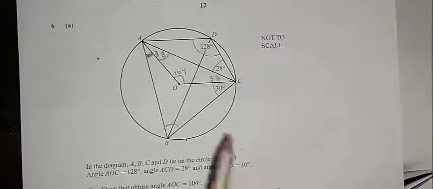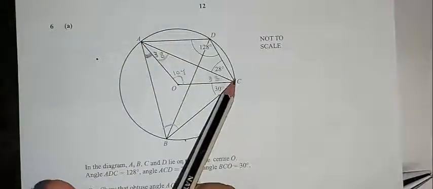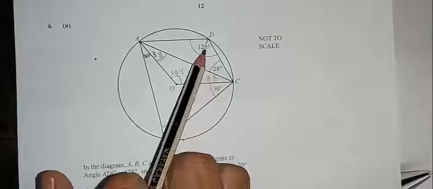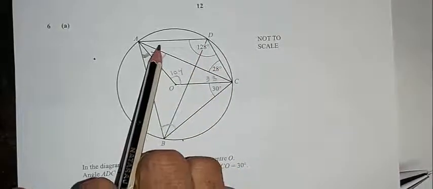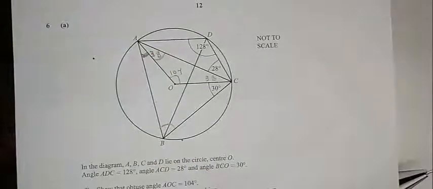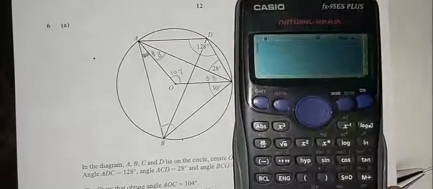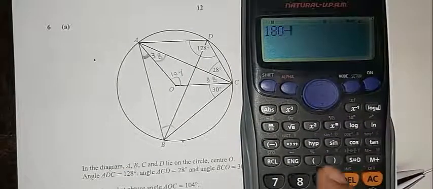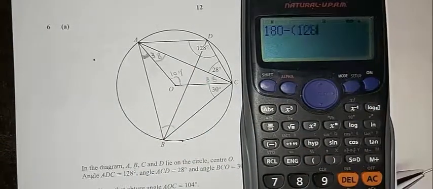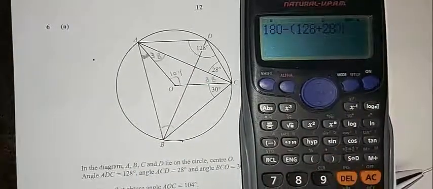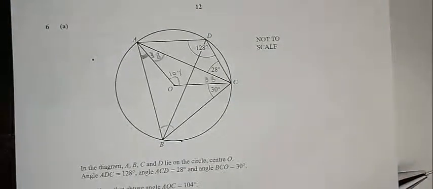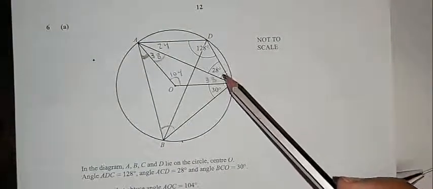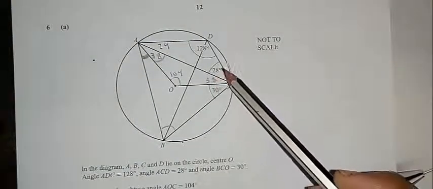And we will go to this triangle ADC. We already know these two angles, so it's easy to find the size of this angle here. 180 minus 128 plus 28 is equal to 24. So this angle here is 24. Now we will add up these three angles.